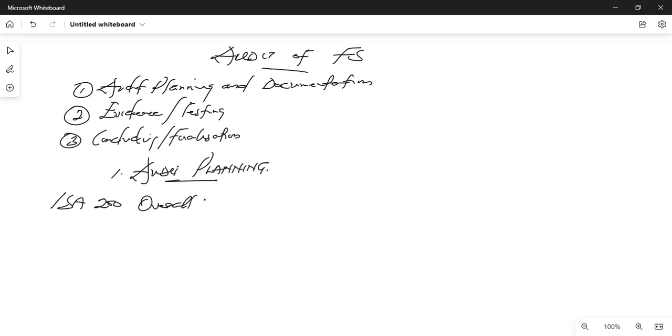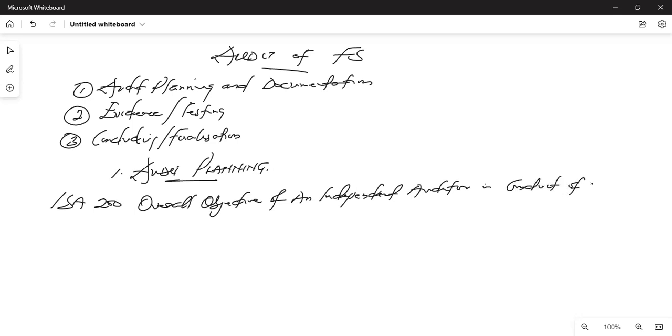So we look at the overall objective of an independent auditor in the conduct of an audit.